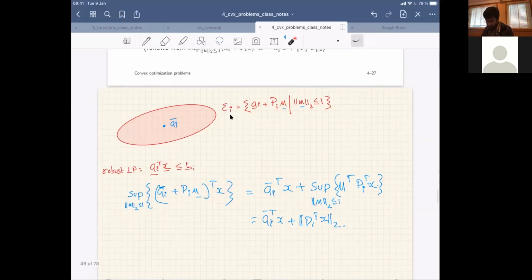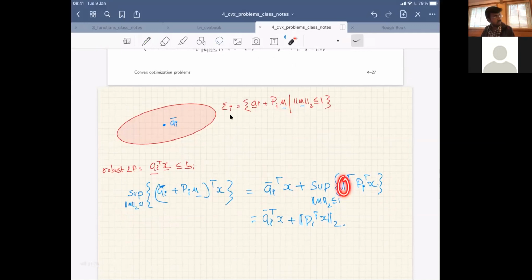And we already saw in the last class, here we have a vector U, and you are taking an inner product with another vector P transpose x. In that case, the maximum value will be the norm of this, because this inner product is the norm of this vector times the norm of this vector times the cosine of the angle between them. So this will be maximum when you take the maximum magnitude of 1 and the cosine of the angle will be 1.